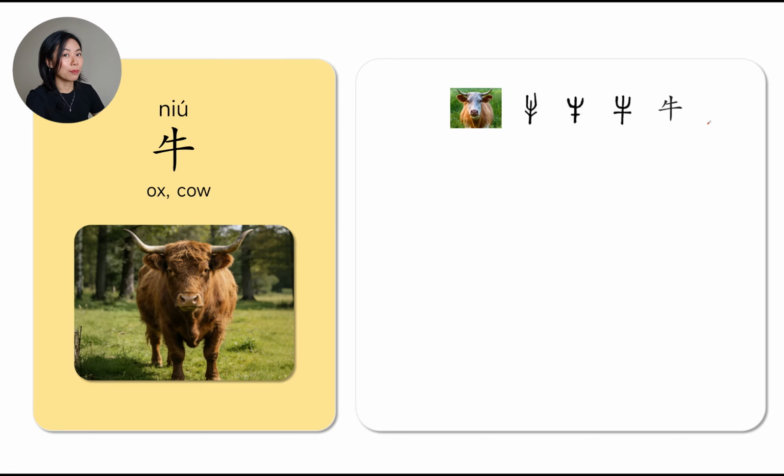And this character is pretty simple, right? Let's learn how to write it. 1、2、3、4. Make sure the first horizontal stroke is shorter and the second one is longer. All right? Okay, so this is the cow.